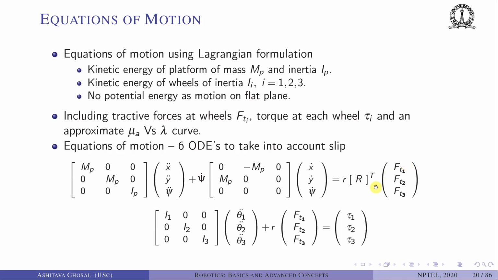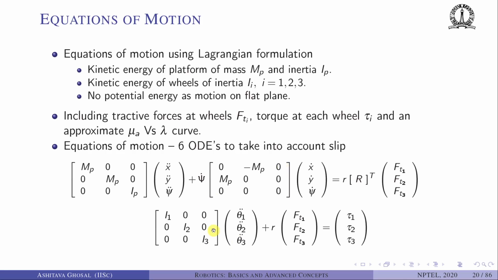Just like tau was J transpose F, similarly here R transpose F will show up, and R is the radius of each wheel which we assume. So these are the translational velocities and accelerations of the wheel.